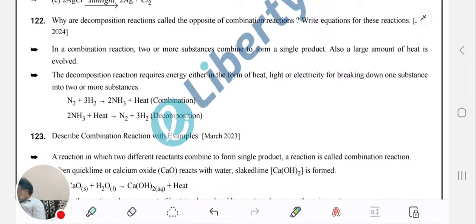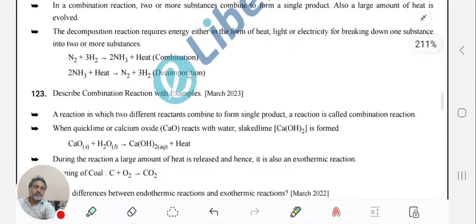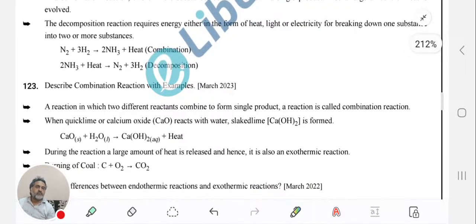The decomposition reaction requires energy, either in the form of heat, light or electricity, for breaking down one substance into 2 or more substances. N2 plus 3H2 gives 2NH3 plus heat is a combination reaction, and 2NH3 plus heat gives N2 plus 3H2 is a decomposition reaction.